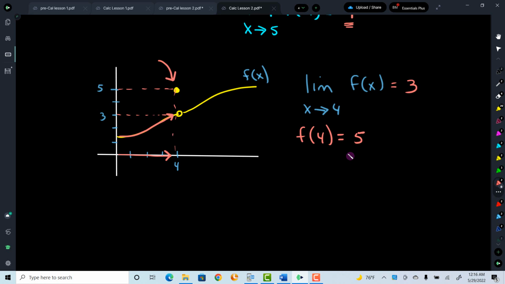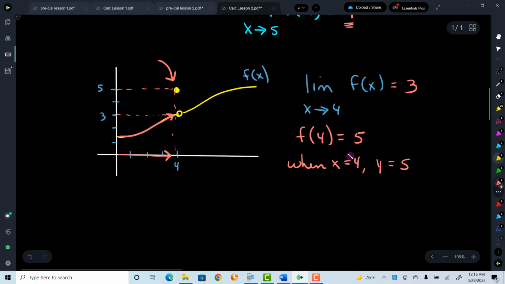So here we see a case where, when x equals 4, y is actually equal to 5, right? However, the limit as x approaches 4 is 3. So that means that the limit does not have to be the same thing as the value at that point.